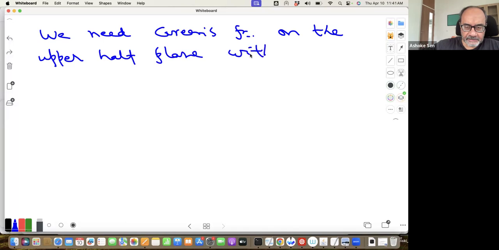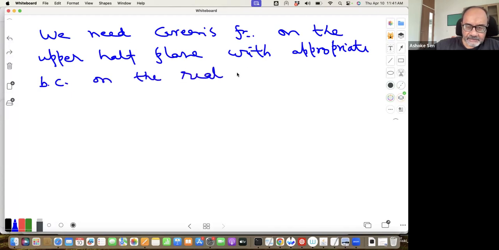with appropriate boundary condition on the real axis. And this can be done by using the method of images.